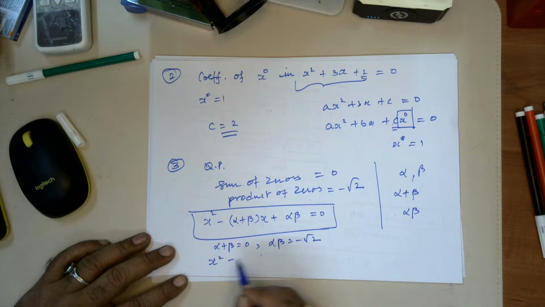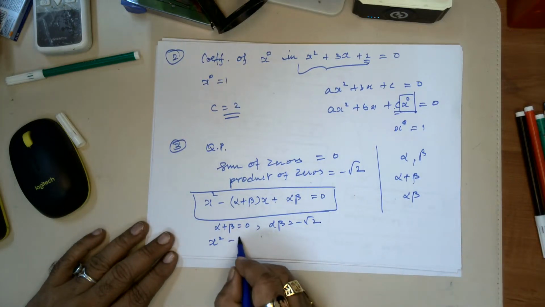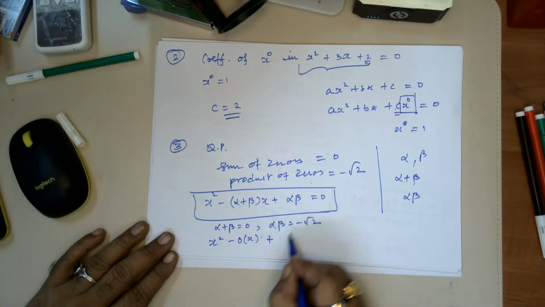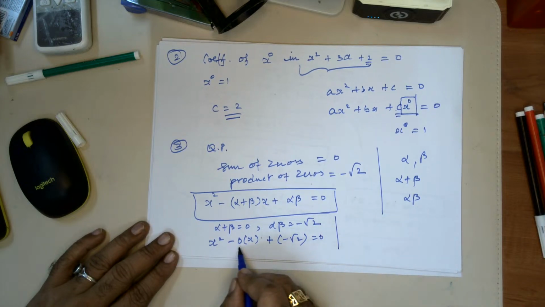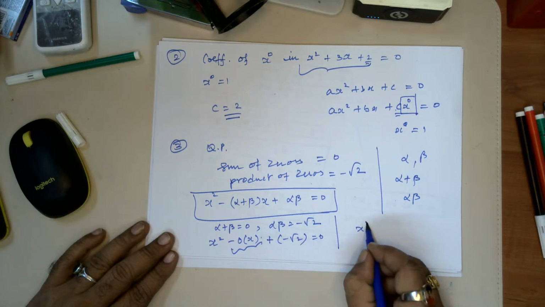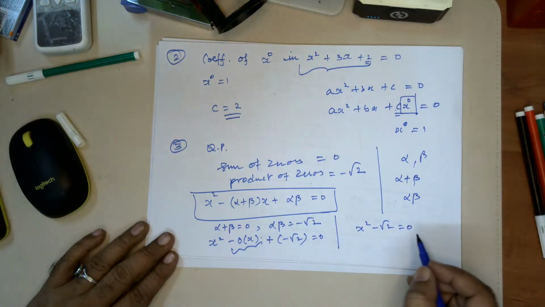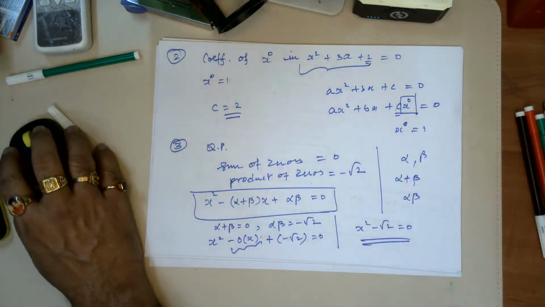Therefore, x squared minus 0 into x plus alpha beta, that is minus root 2, is equal to 0. We know already that 0x is equal to 0, so plus of minus is equal to minus. Therefore, x squared minus root 2 is equal to 0. So this is the quadratic polynomial, right?